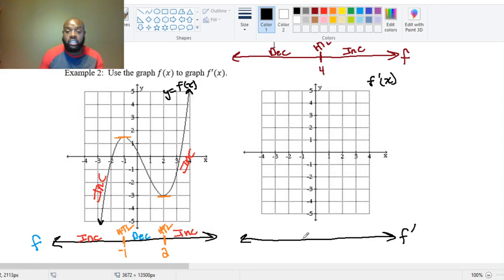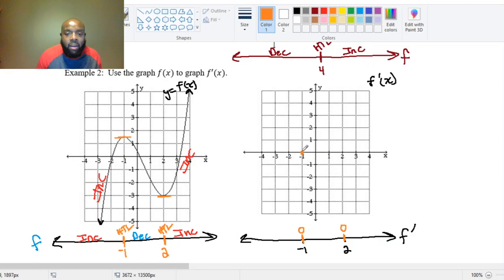Now, that -1 is still important. That 2 is still important. At those values, I know that my derivative is 0. That means my functional value at my derivative is 0. Well, when my functional value is 0, that's the y coordinate.